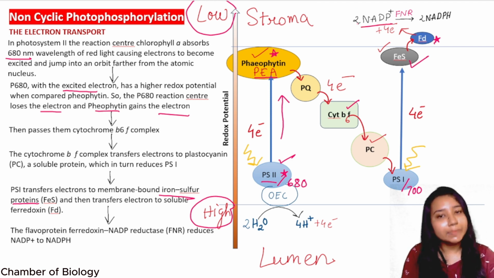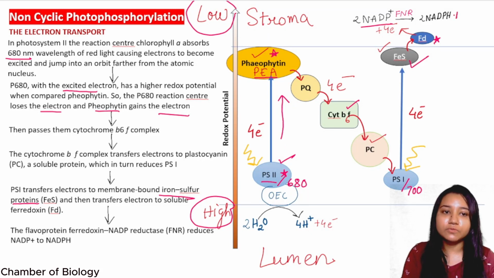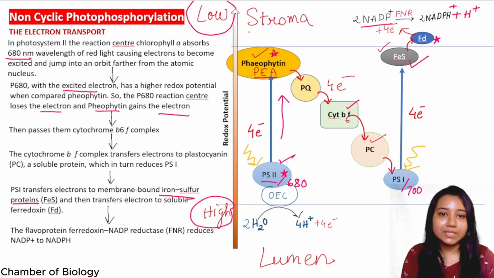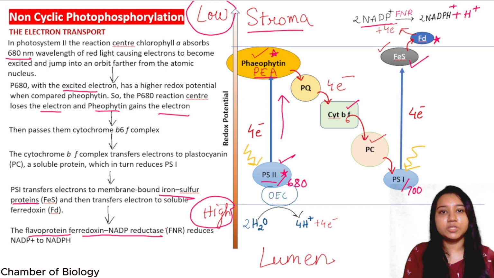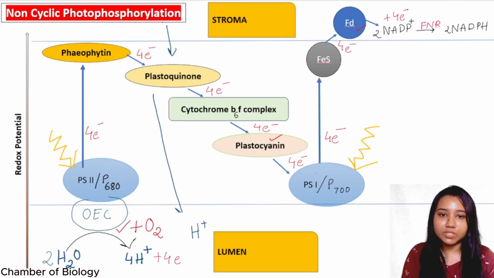Okay, so NADP plus, using this electron and also using H plus, is forming NADPH plus H plus. So we can see in the stroma region the FNR, that is the flavoprotein ferredoxin NADP reductase enzyme, is present.